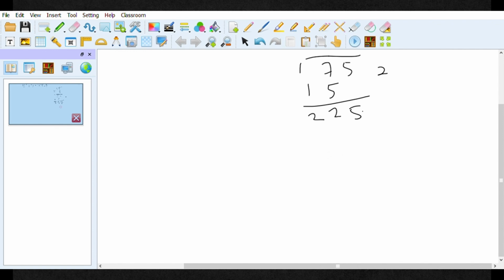Okay, now that we have 225, we're going to multiply by another 15. Remember, 15 is multiplying itself 3 times. We've multiplied by 15 twice to get 225, so we're multiplying the third one. 5 times 5 is 25. We'll write 5 and we carry 2. 5 times 2 is 10 plus 2, 12. And then we carry 1. 5 times 2 is 10 plus 1, we have 11.